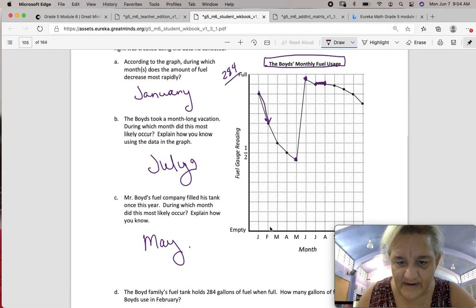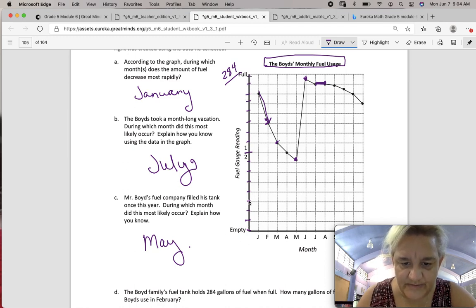In February, they used from here to here. So let's measure this. Okay, so this is empty, and that's halfway, which makes this 1, 2, 3, 4, 5, 6, 7, 8. So we've divided this into 16, right? The graph is divided into 16.